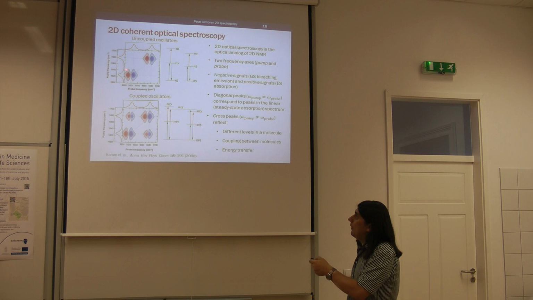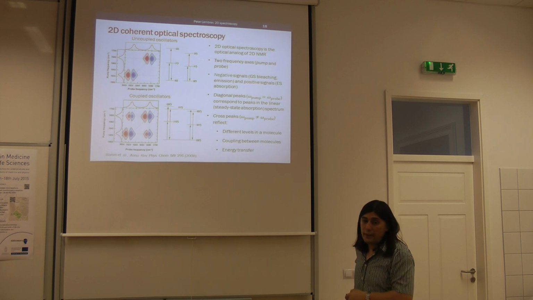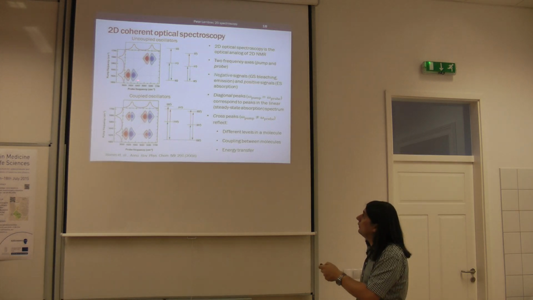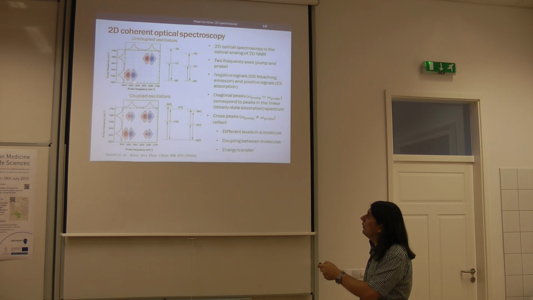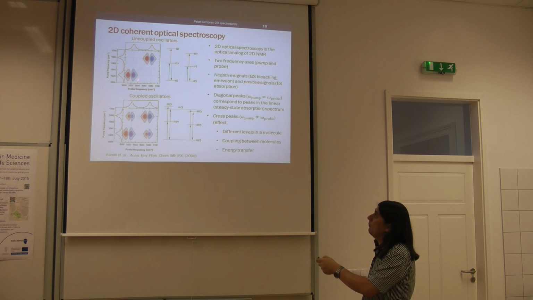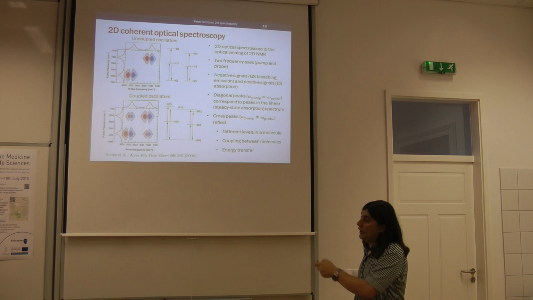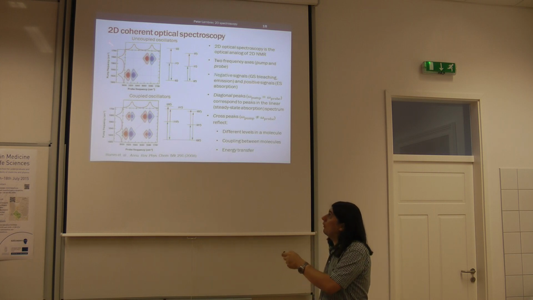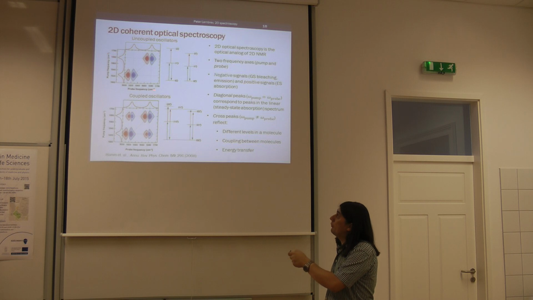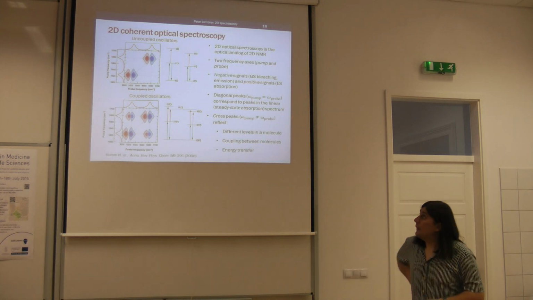Then another molecule you may have in the solution, or another group in the molecule, that has a different transition frequency, different vibrating frequency. You will see it at some other point, but if they are not coupled, they will always be on the diagonal where the pump and the probe frequency is the same.